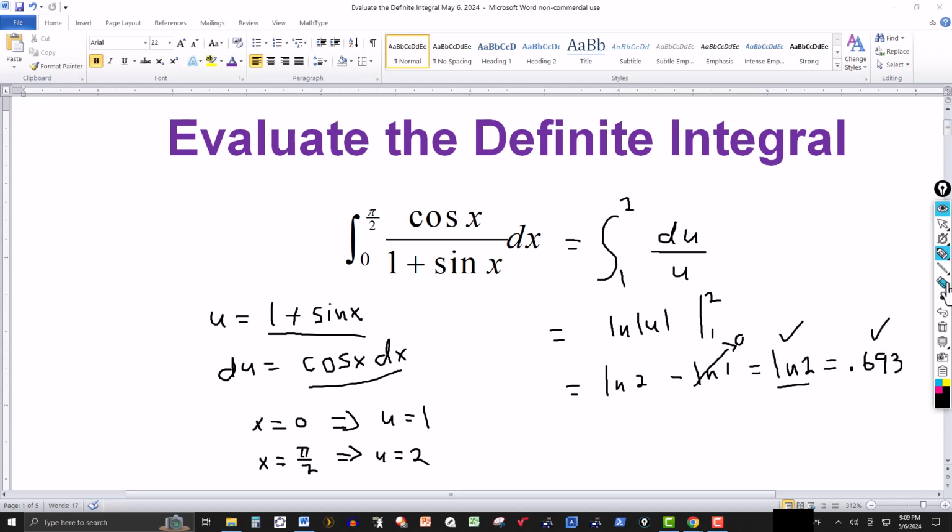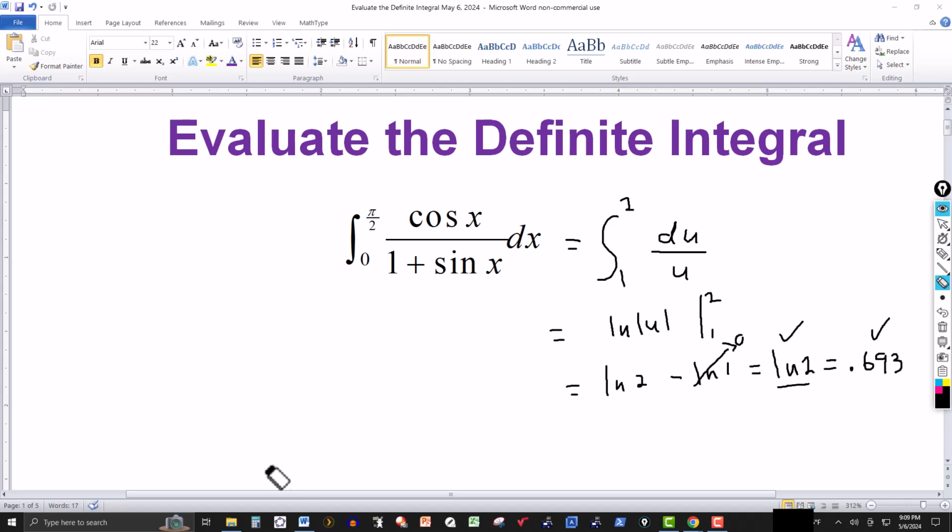Now just to point out the other way I was talking about to do this. That's the solution, doing it that way. But if you want to use the same limits we started off with, you could just say the integral is just going to be ln of u. So replace the u. What do we get for u?